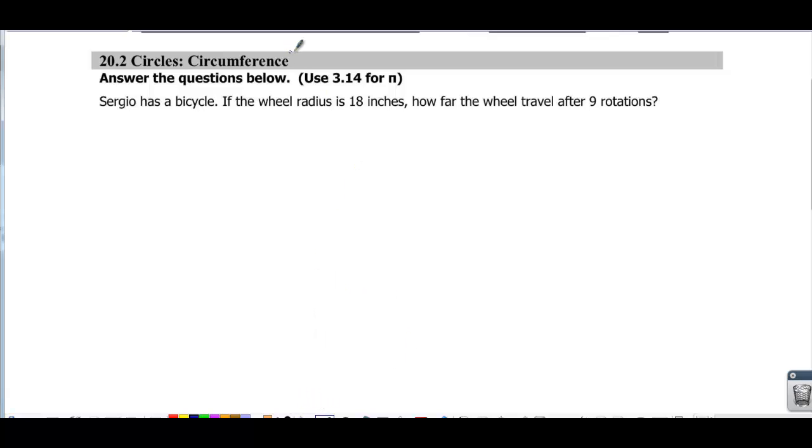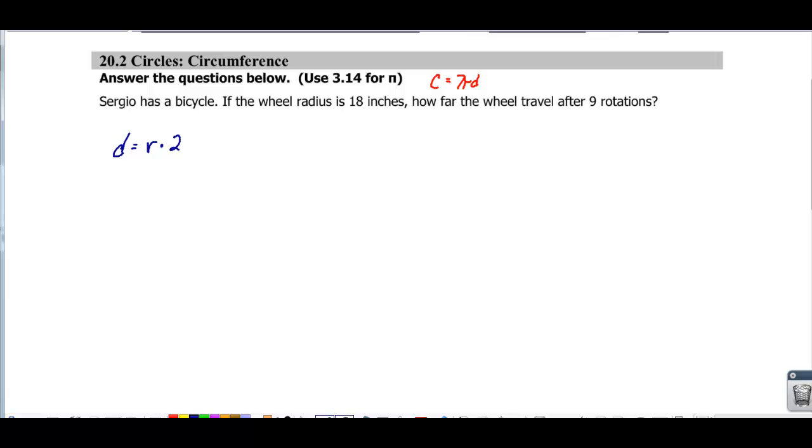Now remember, anytime you see circumference, you should quickly jot down the formula that circumference equals pi times the diameter. So we're going to use pi times the diameter. Diameter is equal to radius times 2.